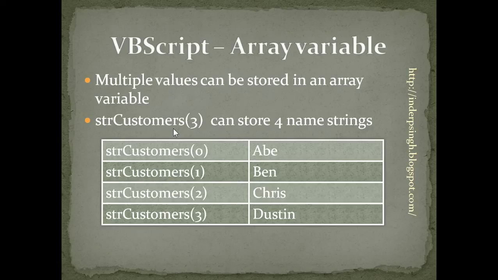So we have strCustomers(0), strCustomers(1), strCustomers(2) and strCustomers(3). Each one of these array elements can store a separate name string or any other data. For example, strCustomers(0) is Abe, strCustomers(1) is Ben, and so on.